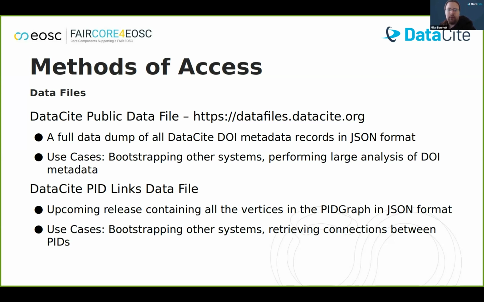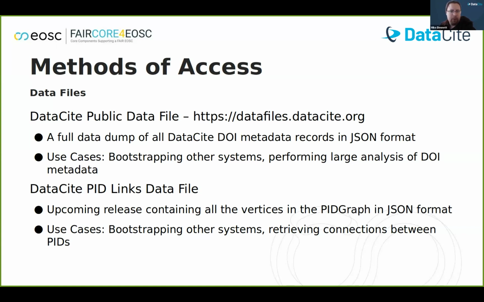To this end, we have a public data file, and this contains all of the DataCite DOI metadata records. This is useful if you want to bootstrap another system, another graph, take in all of the data to enhance your own local graph, or even extract a subset via analysis.